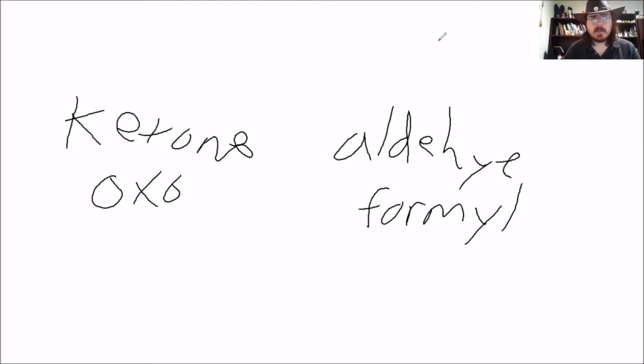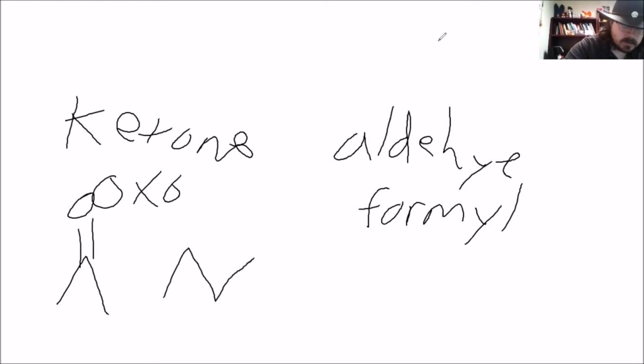Now, you may see some ketones under the common name. The common name for a ketone is often the two R groups named separately with ketone at the end. So instead of calling that propanone, you might call it methyl methyl ketone. And instead of calling this 2-butanone, you might call it methyl ethyl ketone.